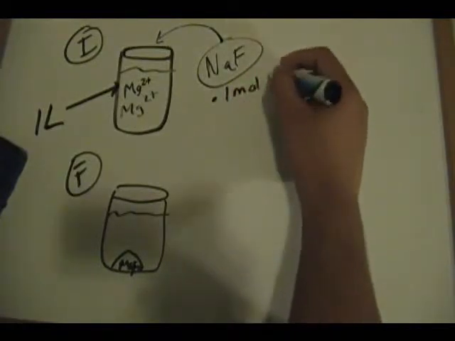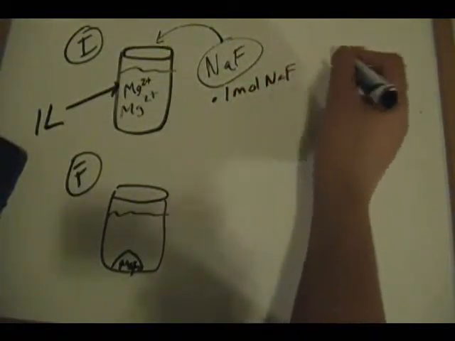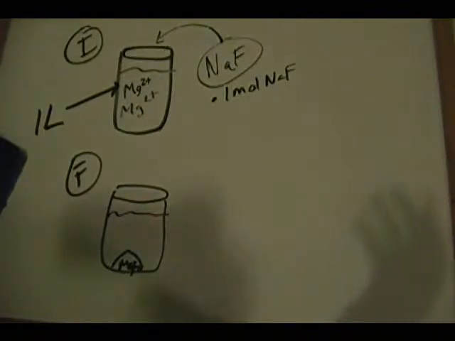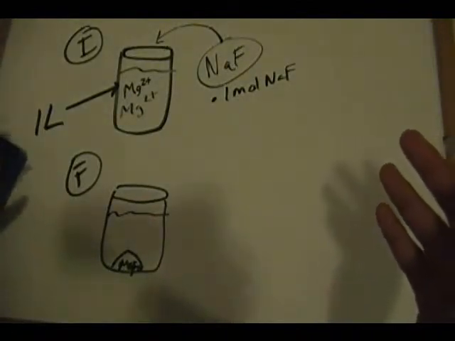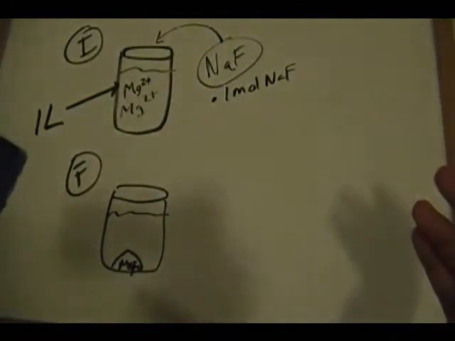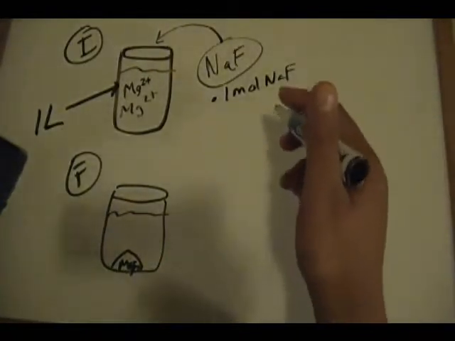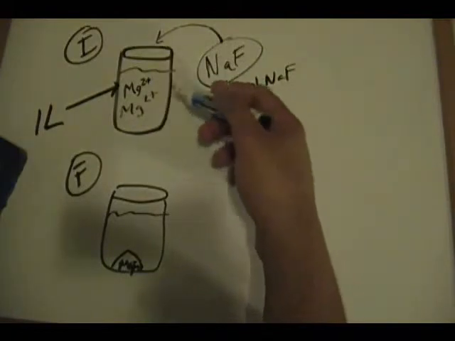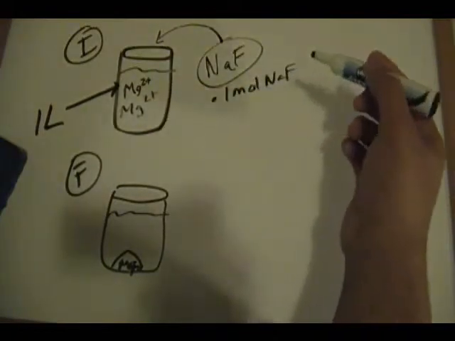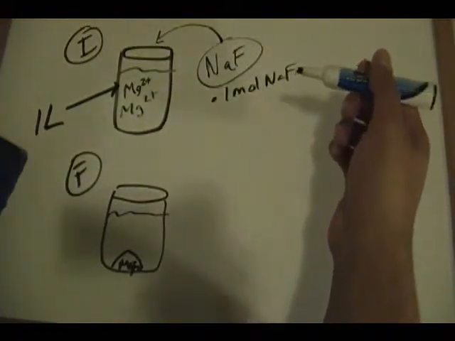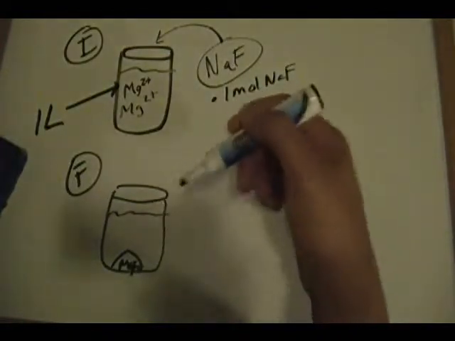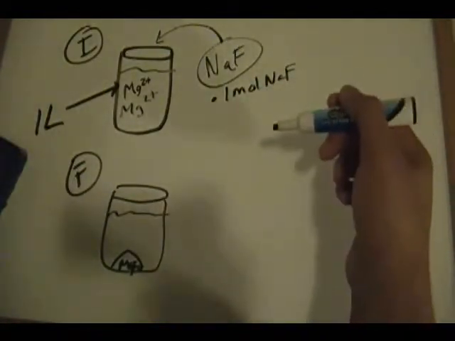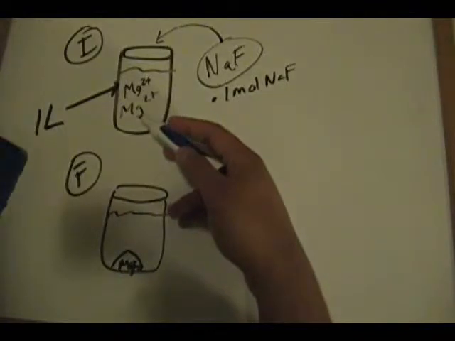That's a very small amount, and realistically I don't think it would precipitate, but I want you to understand the concept. We're adding sodium fluoride into this beaker full of magnesium, and it's going to eventually precipitate as a solid.